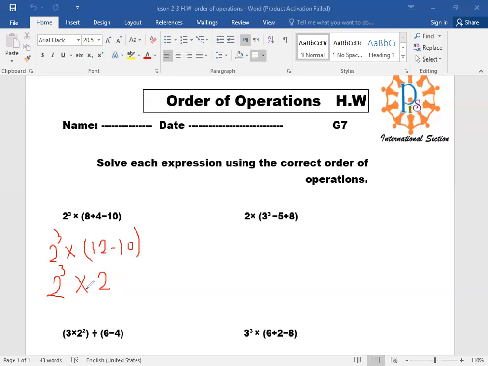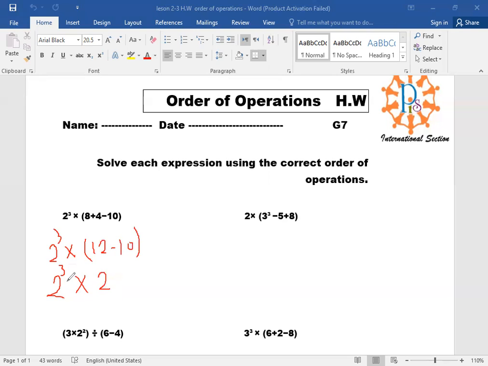2. Now you have exponents, right? So according to the order of operations, we will start with the exponent. 2 to the power of 3 means what, Hassan? It means 6. No, no. 2 to the power of 3 means that you are going to multiply the number 3 times.